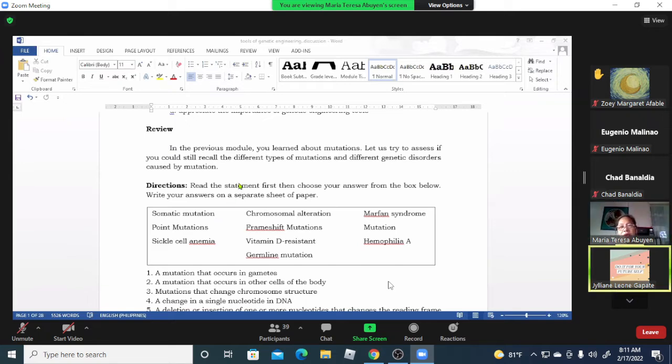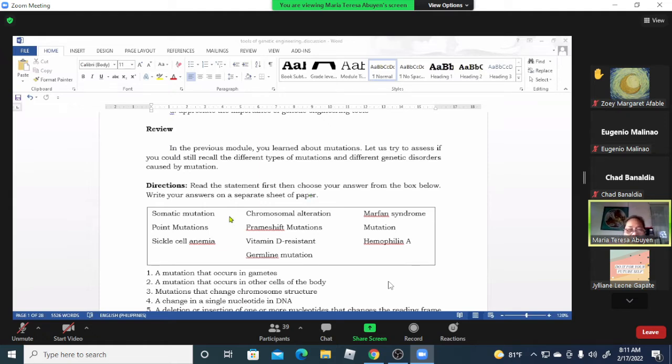So mutation is actually any change in the DNA. Any change in the DNA, even just a very slight change, will cause mutation.